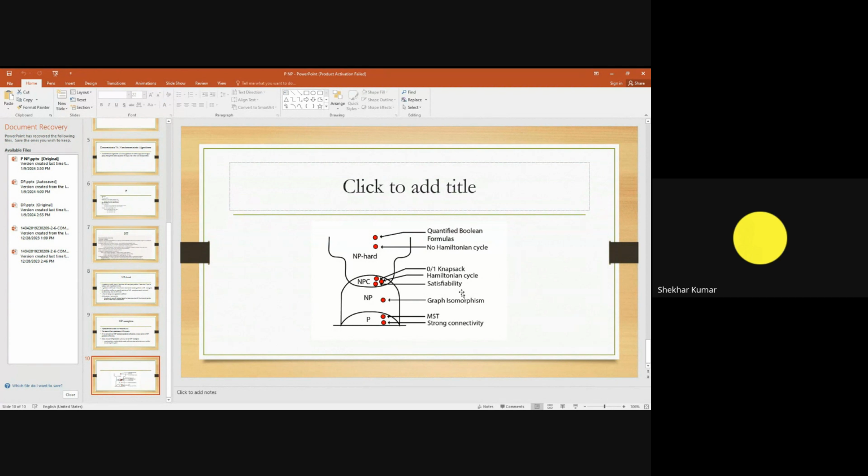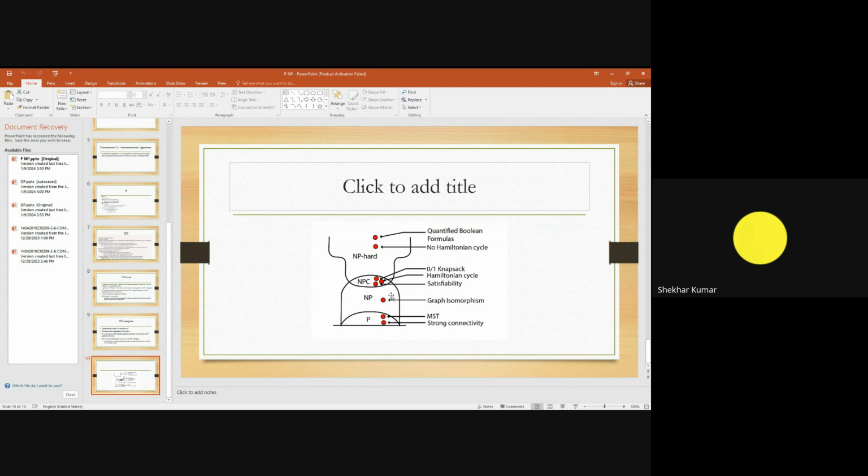The polynomial problem is easily solvable in polynomial time. The NP problem cannot be solved in polynomial time, but the answer can be checked in polynomial time. For example, Sudoku is your NP problem.